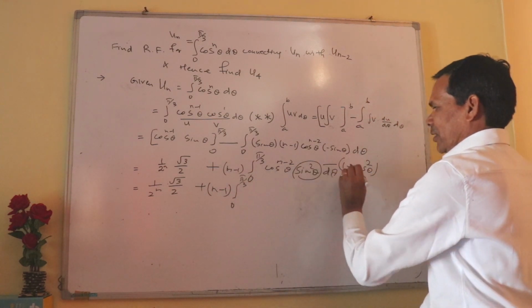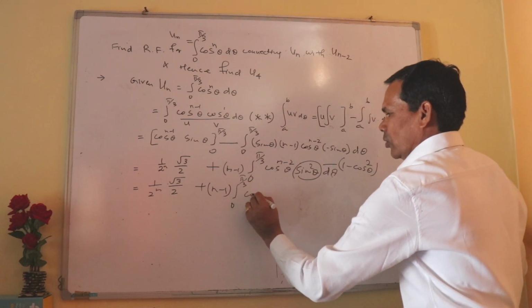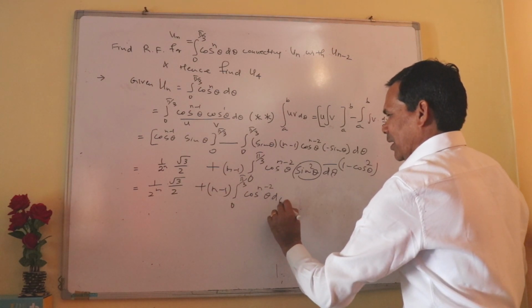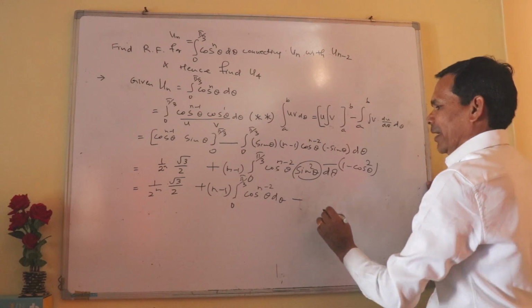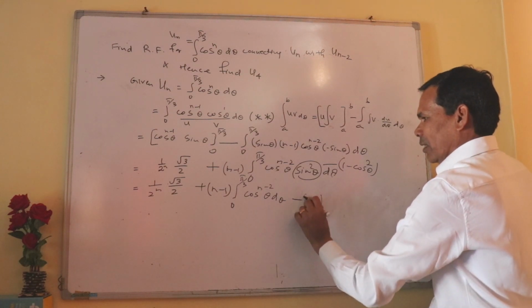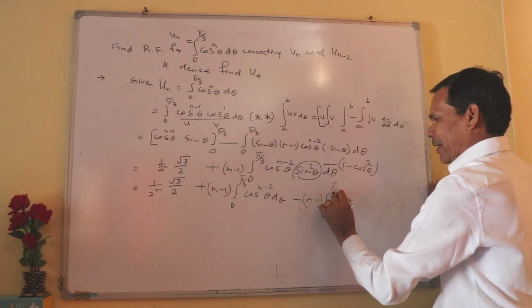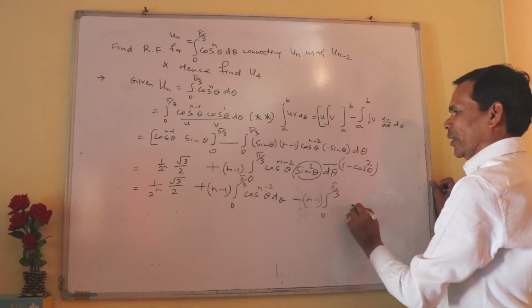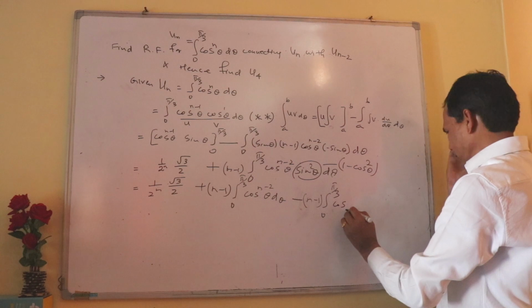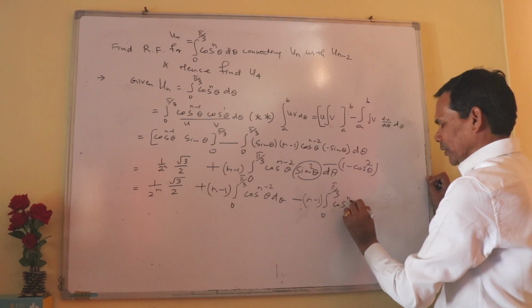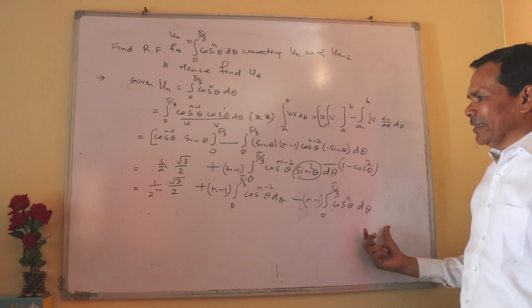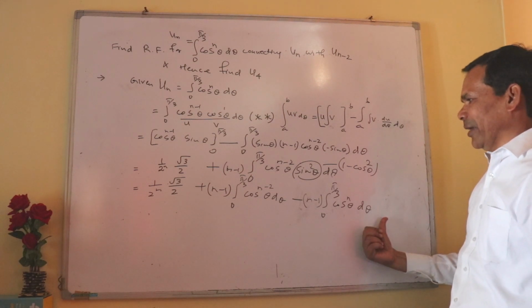If you multiply with this, then cos raised to n minus 2 theta d theta, then minus n minus 1 integral 0 to pi by 3, cos raised to n minus 2 and cos square is cos raised to n theta d theta, with n minus 1.